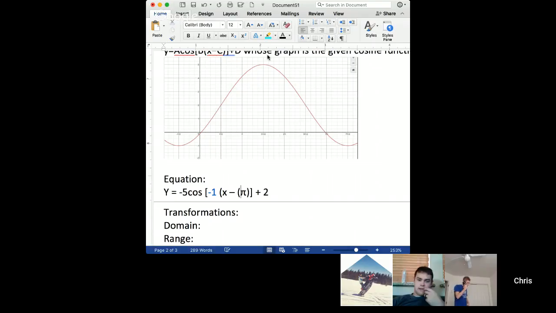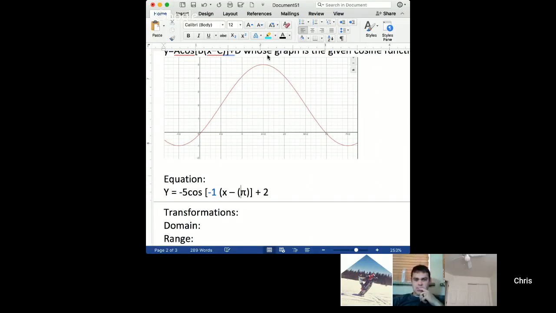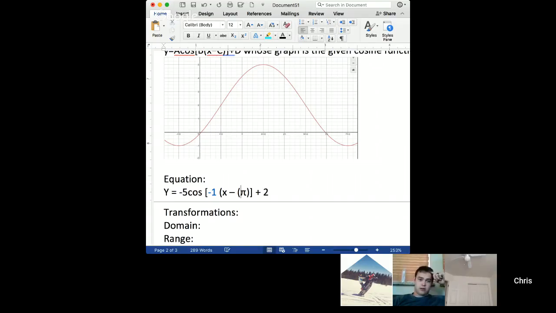But I don't know if that would make it too steep or not. That's my best guess at it. I know that -5's got to be there because that's the only way you could get it to stretch up to 5. That's correct.